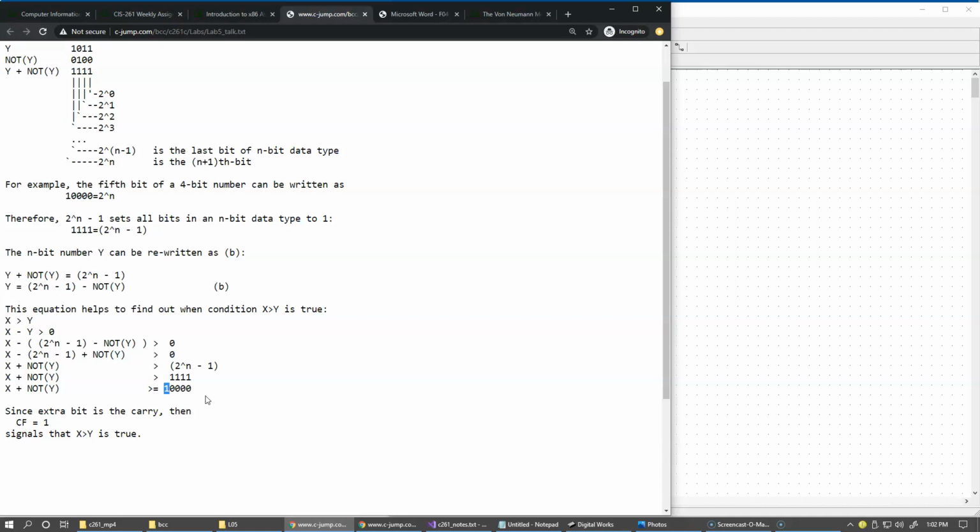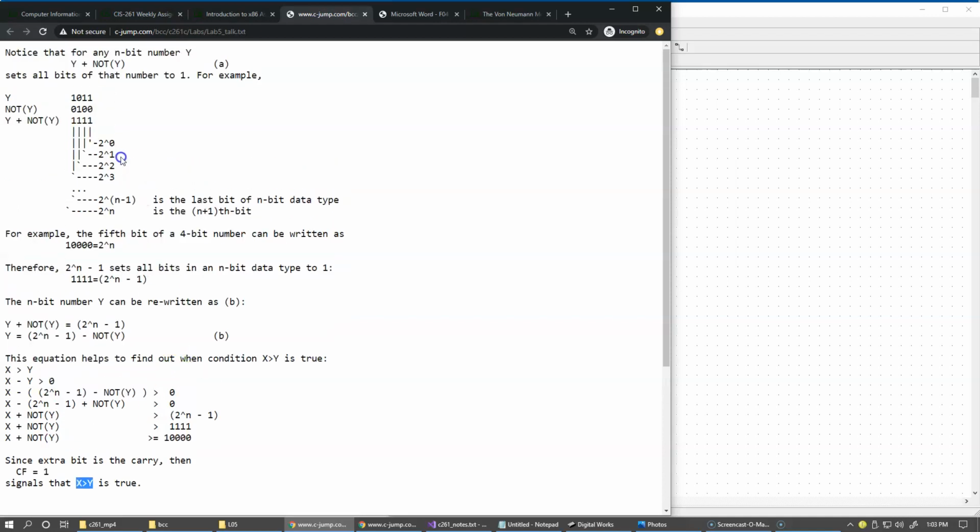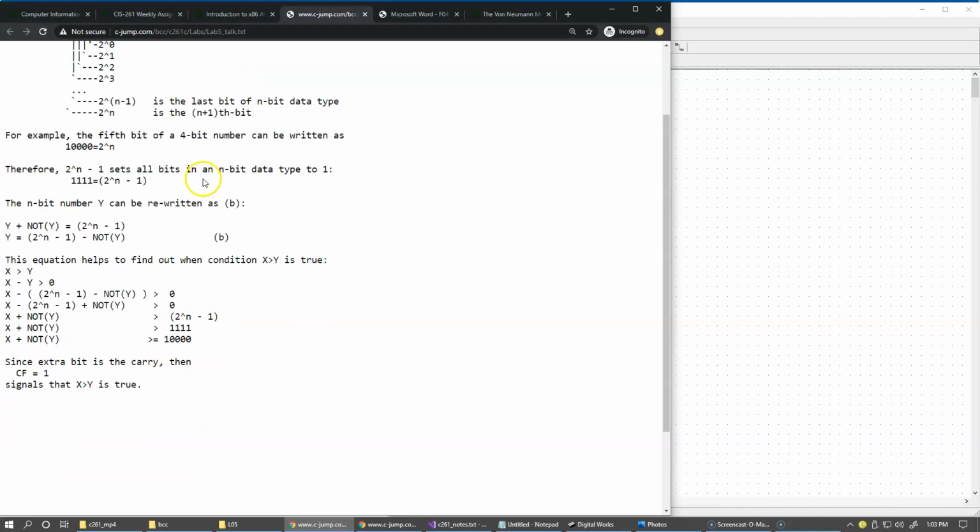And since the extra bit is the carry, carry flag equals 1 signals that x is greater than y. And this is really in situations where we're just talking about unsigned numbers. So this and this are just encodings of values, not in 2's complement encoding, but just really what we call the magnitude.